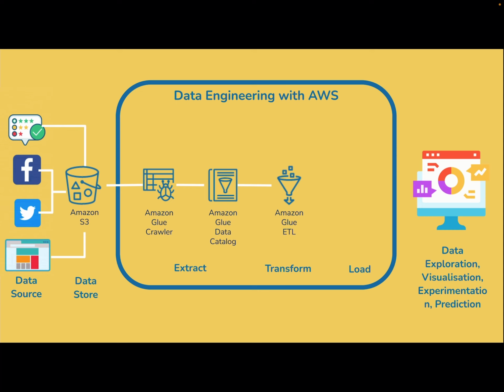We will understand more about the Amazon Glue crawler and Glue data catalog in our upcoming videos. But for now, just understand that the crawler is helping us crawl through all the S3 files that we have in the S3 bucket, and that is being managed through the Glue data catalog.